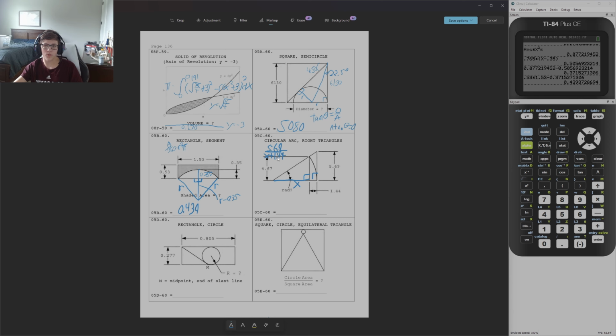Okay, over 1.44, good enough. If we set that equal to this side, 4.67 over just x, because there's no additional area there.